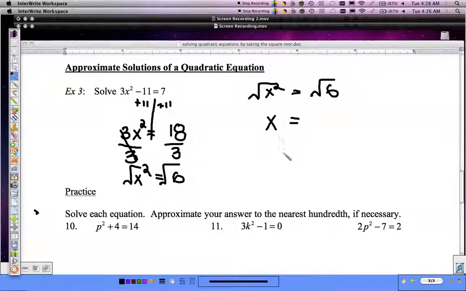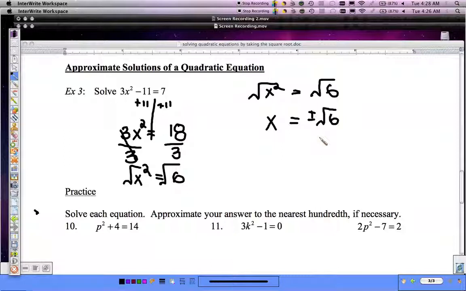And then the square root of 6 is actually not a perfect square, and I can't simplify it anymore. If I could simplify it, I would try to get it to be as simple as possible. But since I can't do anything, all I'm going to do is say it's going to be plus or minus radical 6.